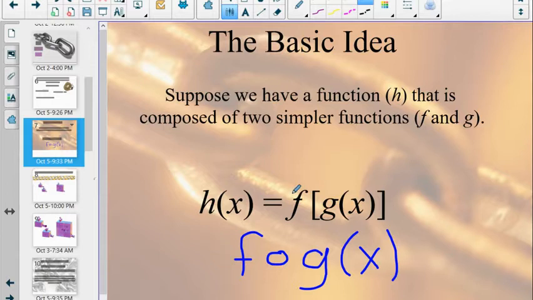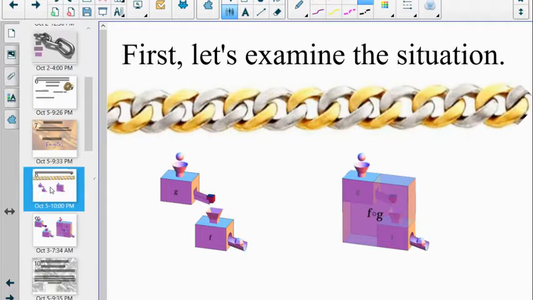So if you don't care about the explanation, go ahead and skip this next slide. The reason that we're going to do what we're going to do today goes like this. Imagine we have this f composed of g, where I'm putting whatever the input is into the g function, and then the output of the g goes into the f.